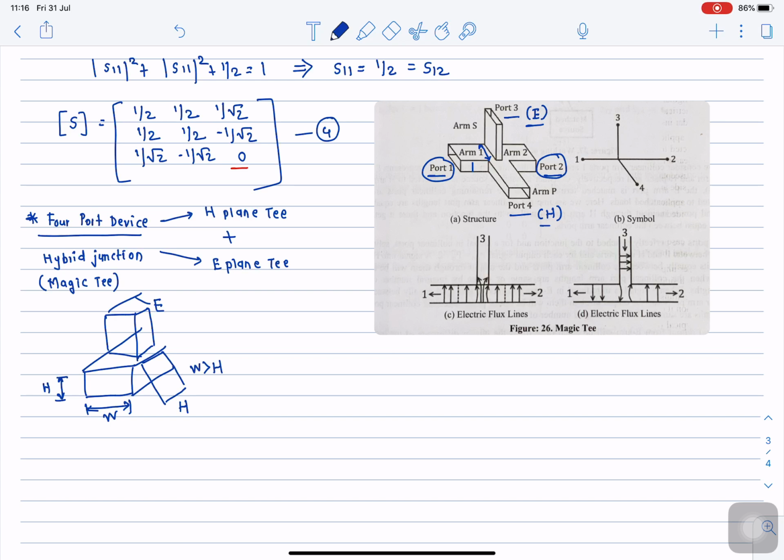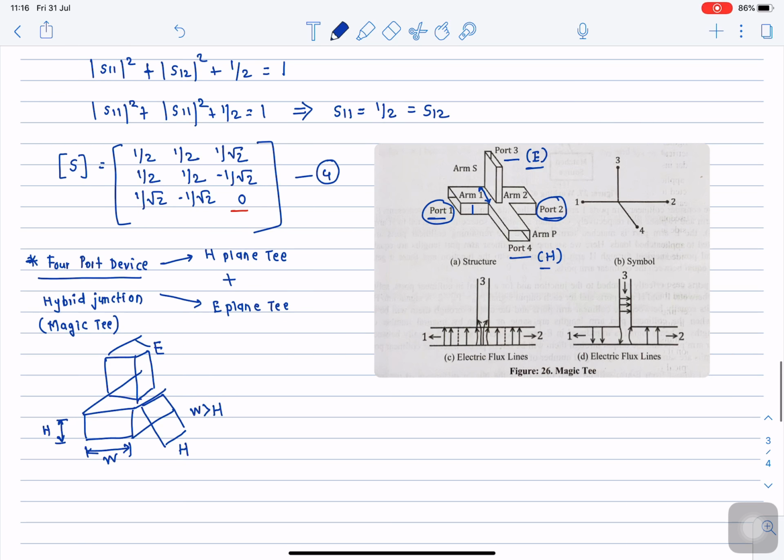But normally in the magic T, what happens? See here how I describe. Normally, during the operation, we expect that when we feed the power at arm number 1, port number 1, this power will flow from one collinear port to the other collinear port, and come out of port number 2.